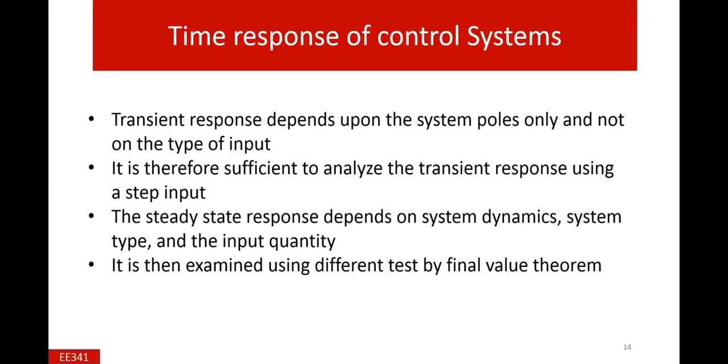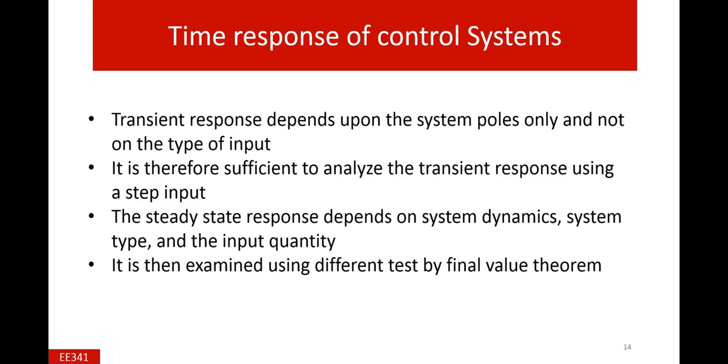So, transient response versus steady state response. The transient response we observe only depends on the poles, and if we change the input, the transient response is not very different. So usually we check the behavior of the transient response by using the simple step input.